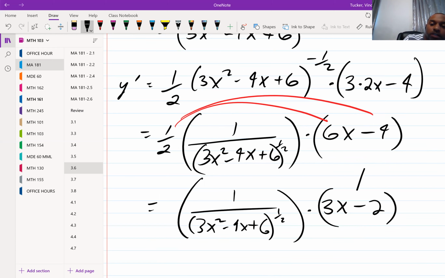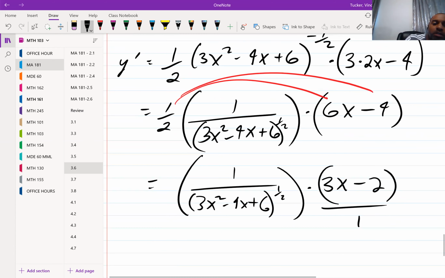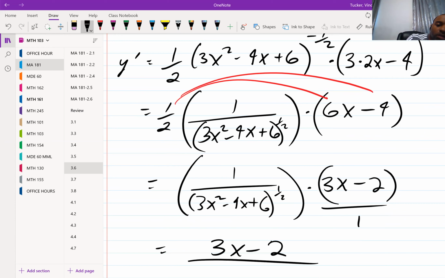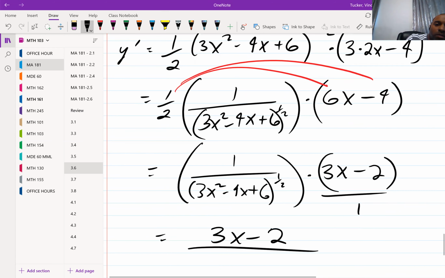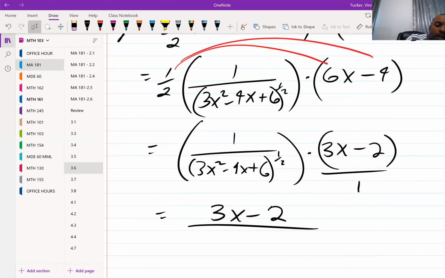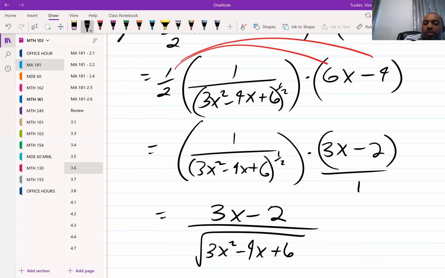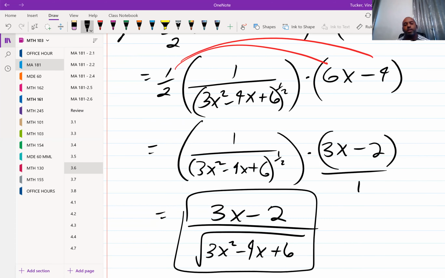And now, since this is a numerator, I can just multiply it. If we look at this as a fraction, 3x minus 2 over 1, just multiply it across. And that'll be 3x minus 2. Am I okay with scrolling up? And I can actually write that 3x squared minus 4x plus 6. Another radical. And that'll be that answer.